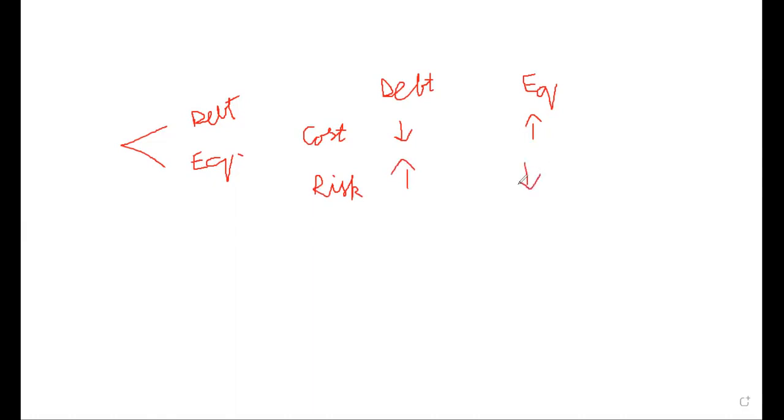See, debt is an investment made by the outsiders. Equity is the investment of the owners. Equity is the shareholders' capital, which is invested. Shareholders are the owners of the business. So whatever amount they invest in the business, the contribution of the owners, we call that equity. The contribution of outsiders, we call it debt capital.